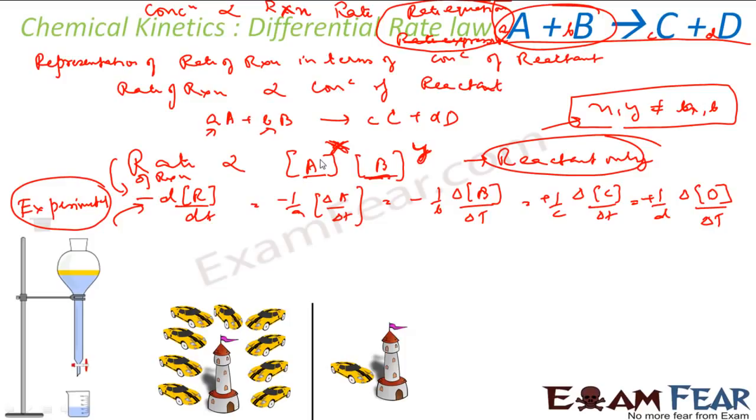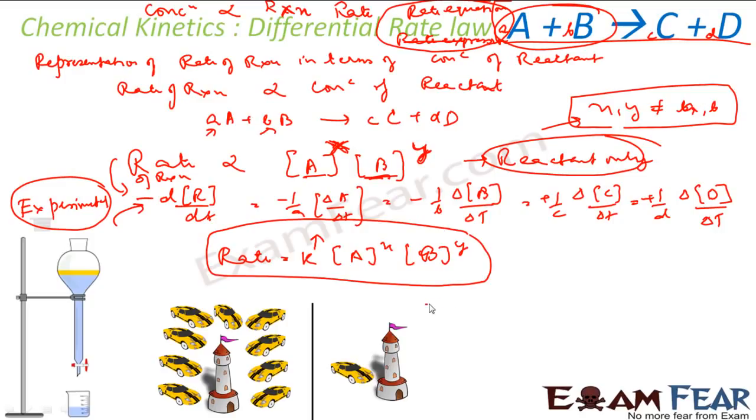So this form of equation is called differential rate equation. So in this case it is proportional. I want to give a constant value, so I can say that rate is k of A to the power x B to the power y. Correct. So this k is called rate constant, and this whole equation is called rate equation.